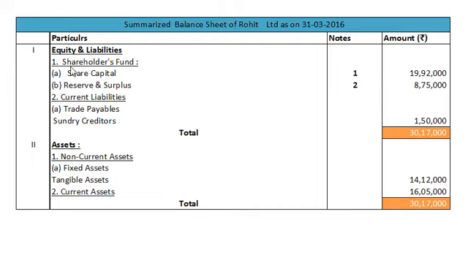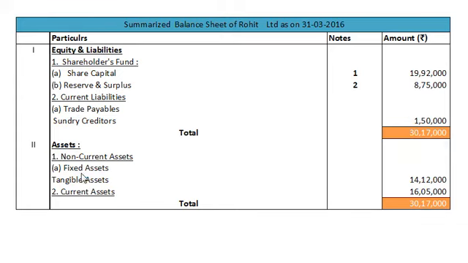Equity and liabilities: we have shareholders' fund in which A, share capital, note number 1, rupees 19,92,000. Reserve and surplus, note number 2, 8,75,000. Then we have current liabilities, sundry creditors, rupees 1,50,000, and the total of equity and liabilities amounts to 30,17,000.